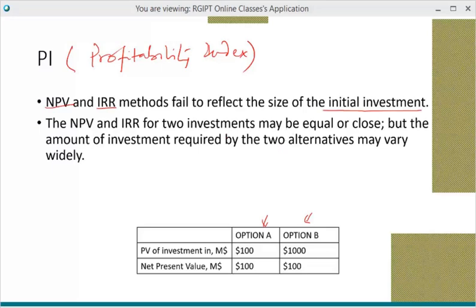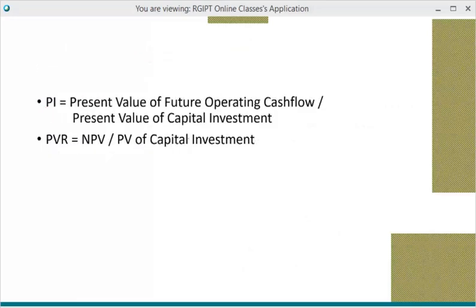And so two of them may be equal or close, and therefore if you look at this profitability index, this definition, basically what it has is the present value of future operating cash flow over the present value of capital investment. So it takes into account this capital investment as well.